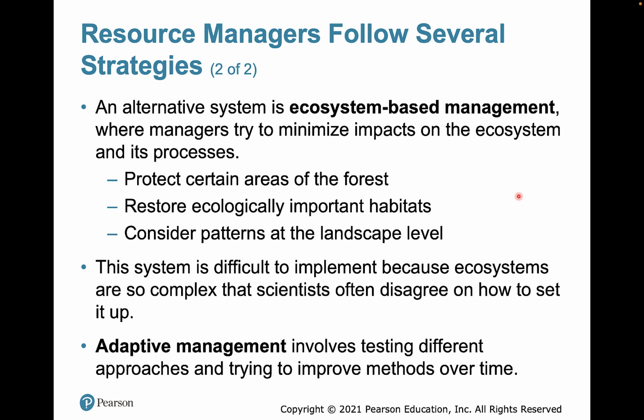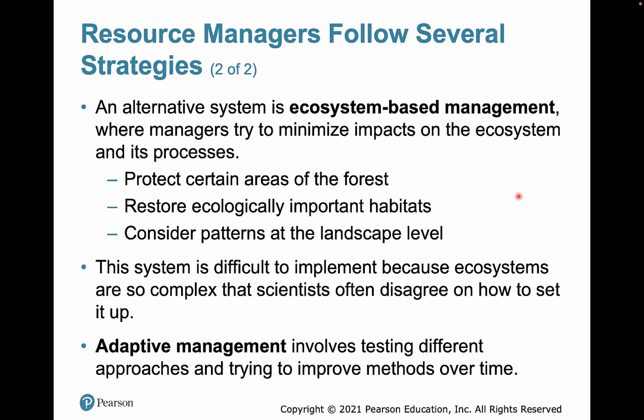One thing, hopefully, that you've learned from this course so far is that if we're going to do things sustainably, we really want to mimic what happens in natural ecosystems. So there's a way of managing resources like this. It's called ecosystem-based management, where, instead of hitting maximum sustainable yield, it's not a one-size-fits-all solution.